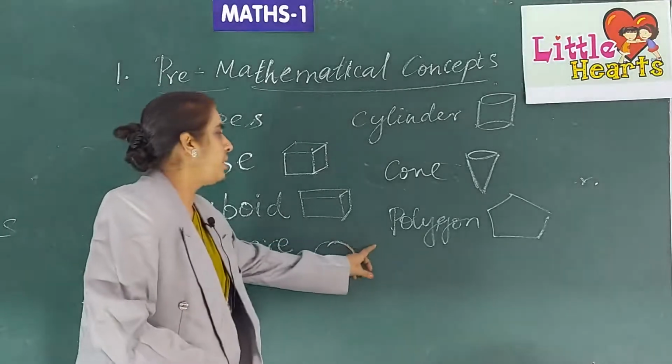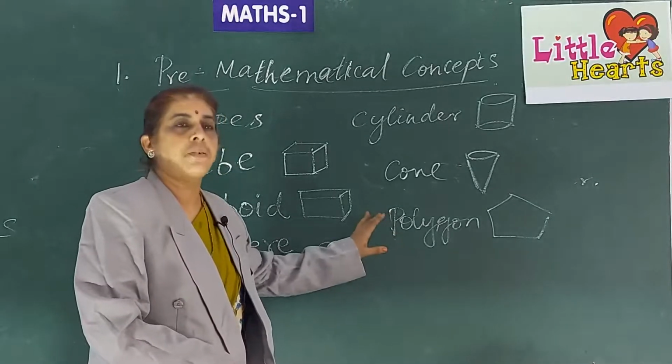A polygon is a figure made out of many straight lines.